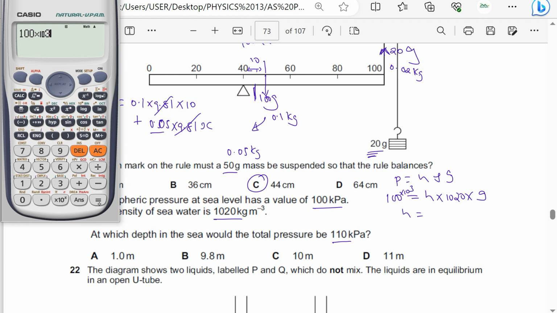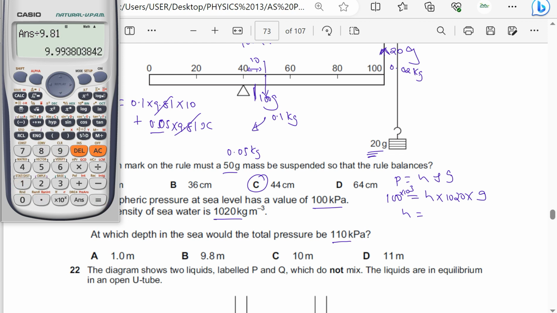So here H is 100 times 10 power 3 divided by 1020, which is 98, then divided by G, which is 9.81.